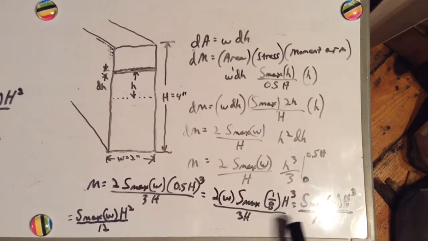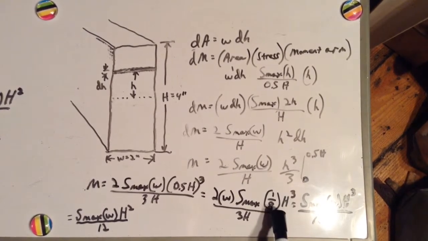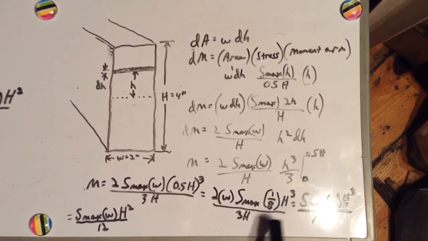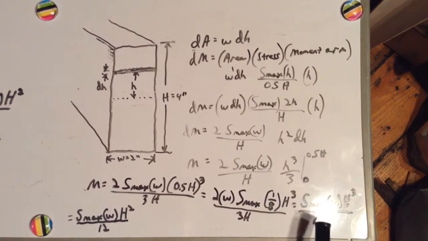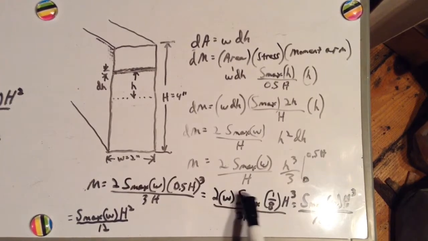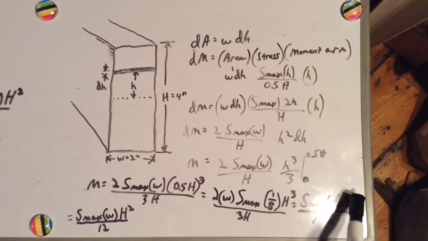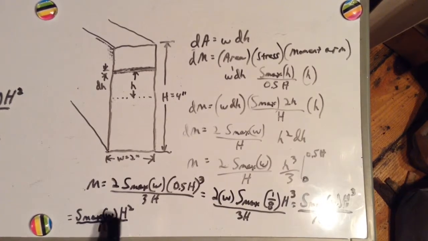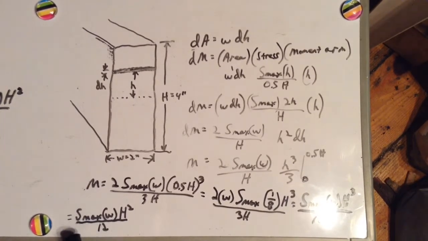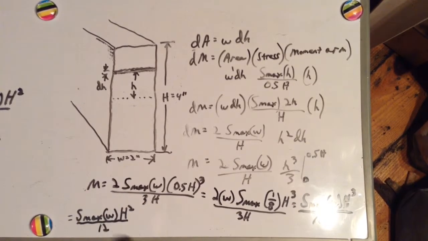Okay, so if we have 2 times 1/8, that's 2/8, which is 1/4, and 1/4 divided by 3 is 1/12. So we have the same old stuff, W times S max times h cubed over 12h, and h cubed over h is h squared. So our bending moment is stress max times W times h squared over 12.